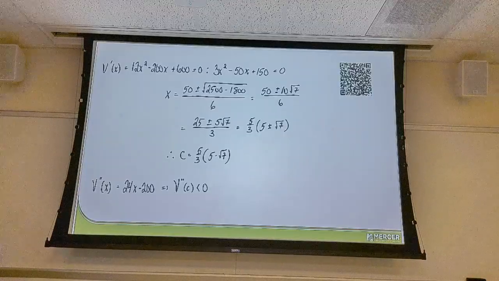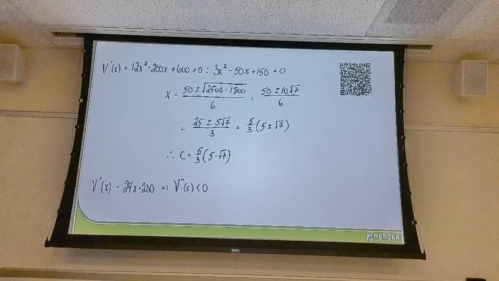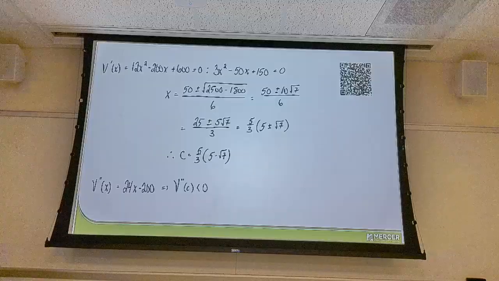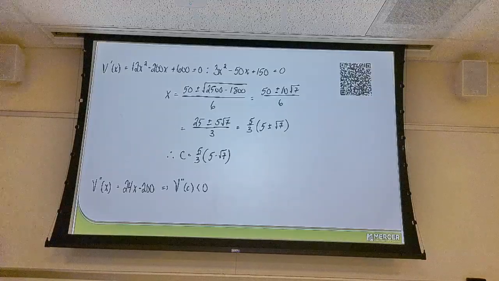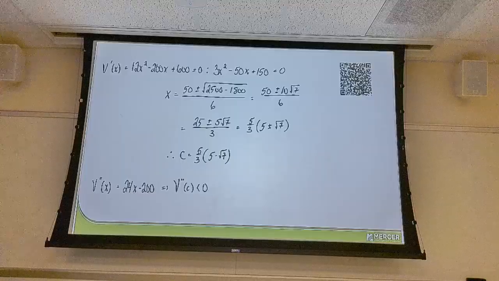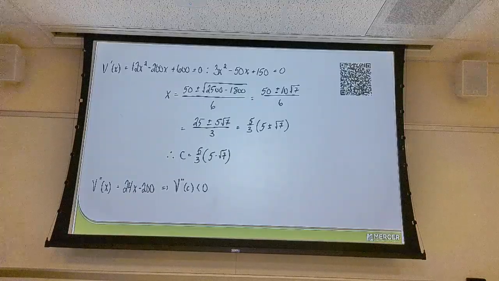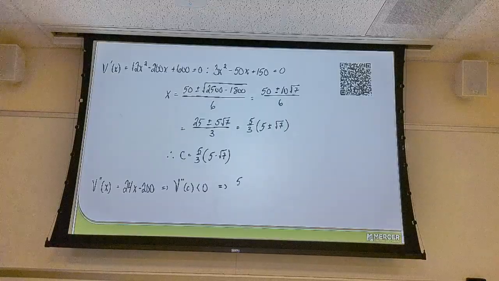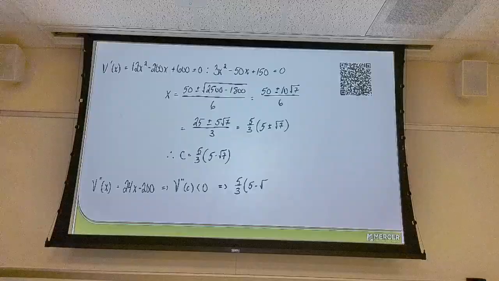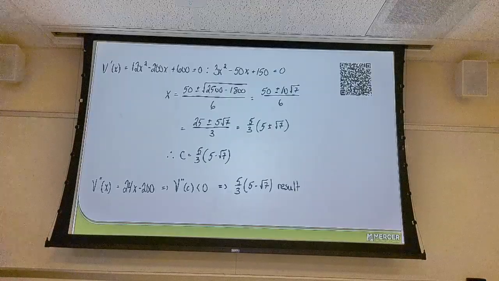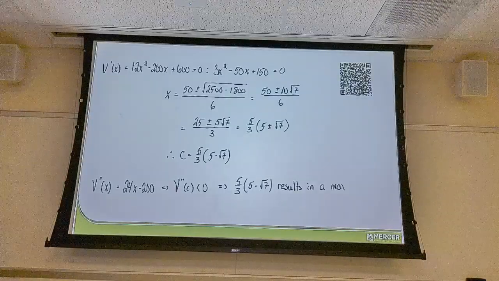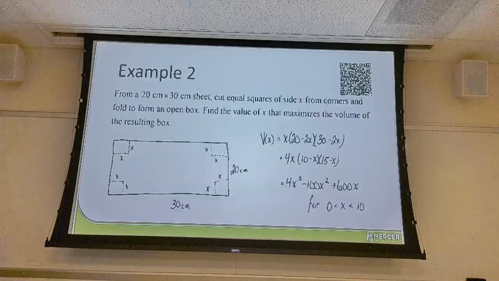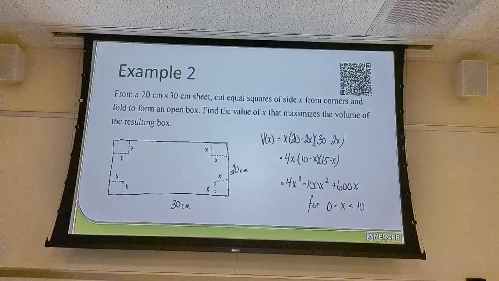So 200 minus 100, and so it's going to be about 4. 4 times 24, it's less than 200, which gives you a negative value. That results in a max.